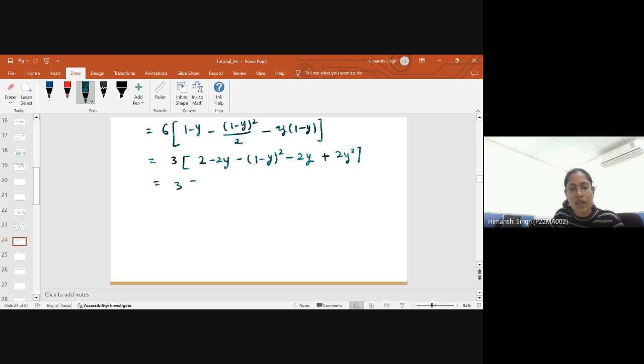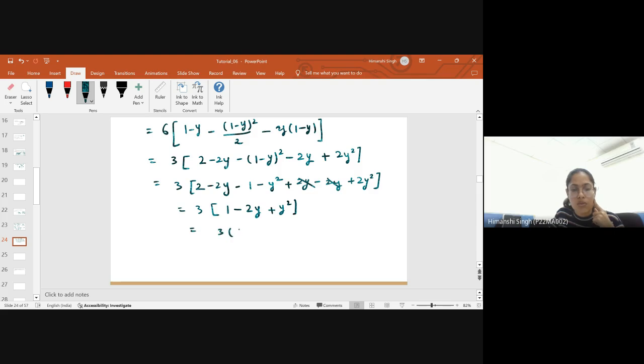This is 3 times [2 - 2y - 1 - y square + 2y - 2y + 2y square]. Some terms cancel, 2 - 1 is 1, and 2y square minus y square is y square. So it is 3(1 - y) whole square. This is the marginal of y, where y is ranging over 0 and 1.